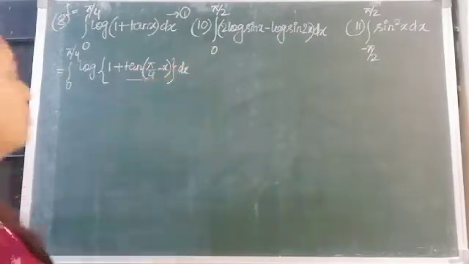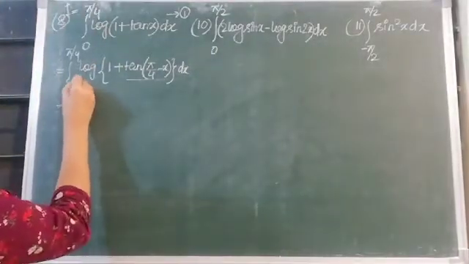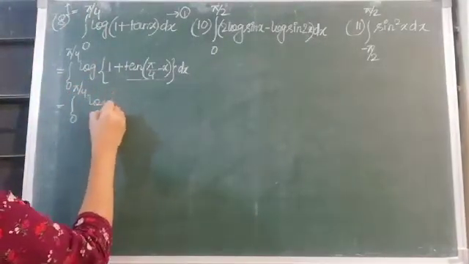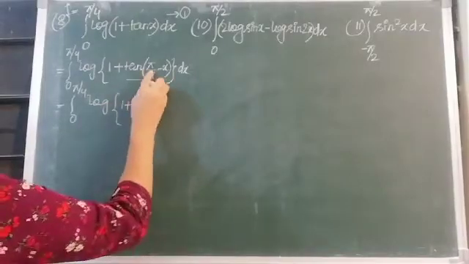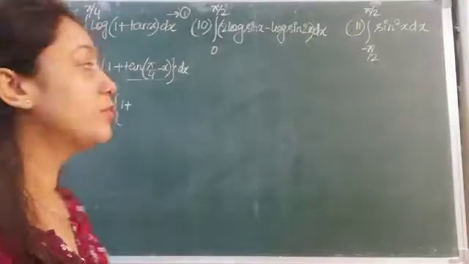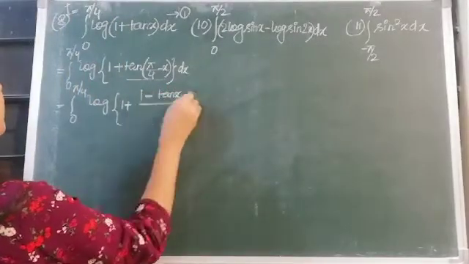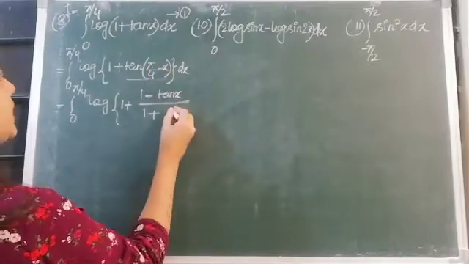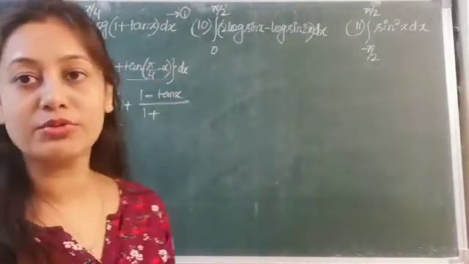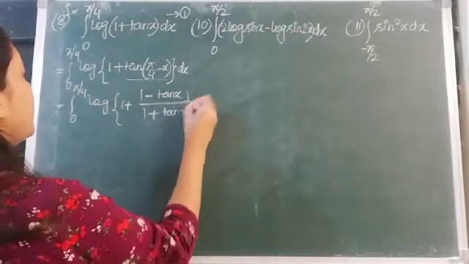Now you apply the formula of tan of a minus b. Hence you'll get the integral from 0 to pi by 4 of log 1 plus (tan a minus tan b) divided by (1 plus tan a tan b). Tan a is tan pi by 4, which we know is equal to 1. So 1 minus tan x divided by 1 plus tan pi by 4 tan x, and tan pi by 4 is again equal to 1, so 1 into tan x will be 1 plus tan x.